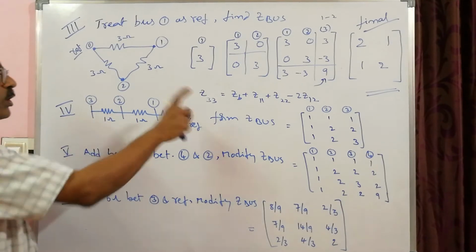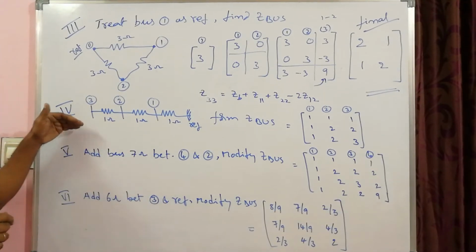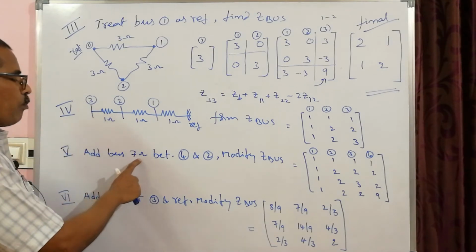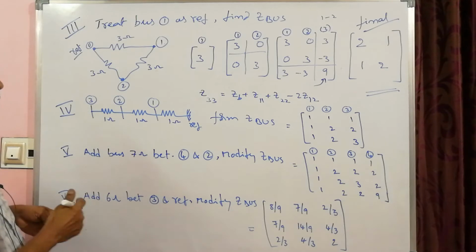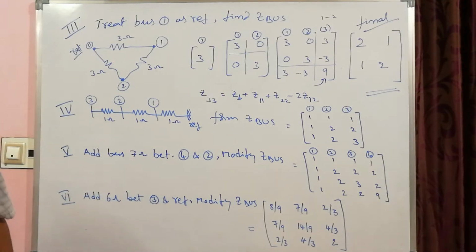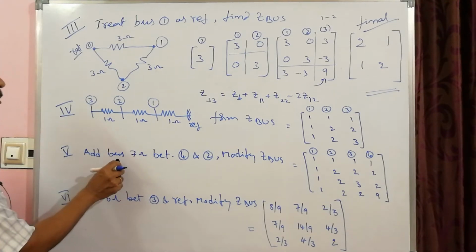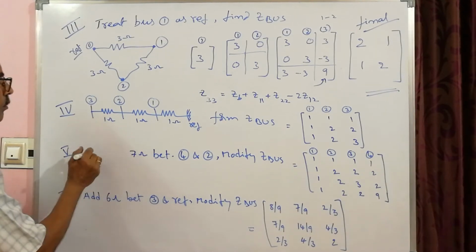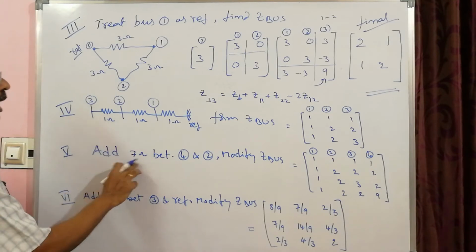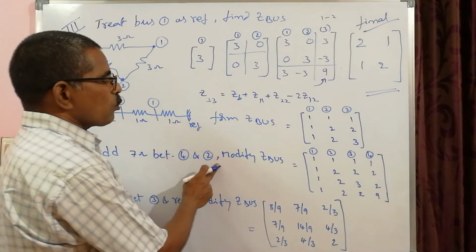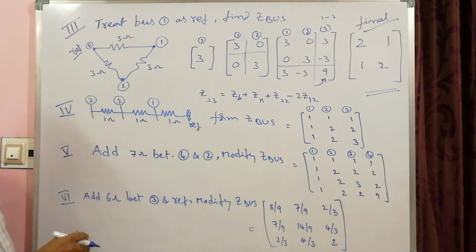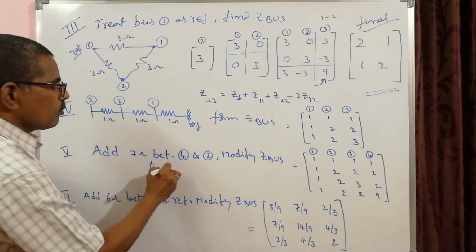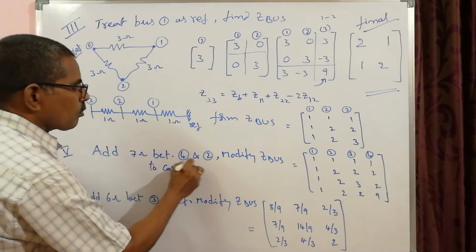Okay, for fourth case. Now, for fourth case, some extensions are given. Add bus, add 7 ohms between 4 and 2, modify Z bus to the above. Okay, that is to case 4.